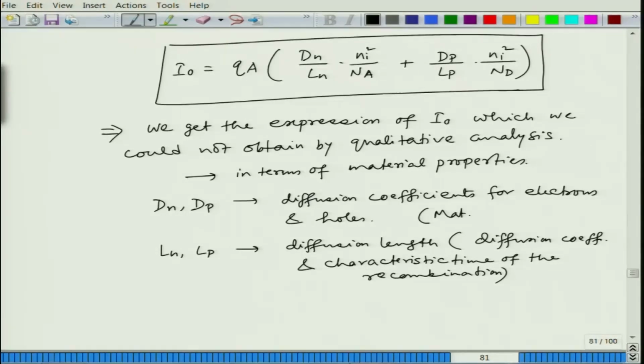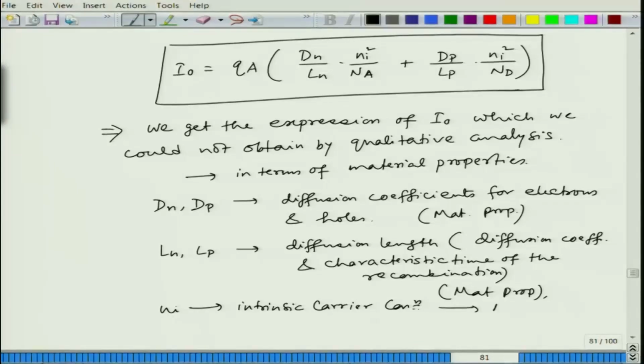So this is a material property, these are also material properties, and Ni is of course the intrinsic carrier concentration, that is also a material property, isn't it? And Na, Nd are the dopant concentrations, which you can control. The amount of dopant that you put in the p side or n side is controlled.